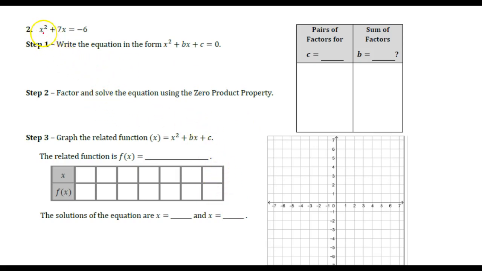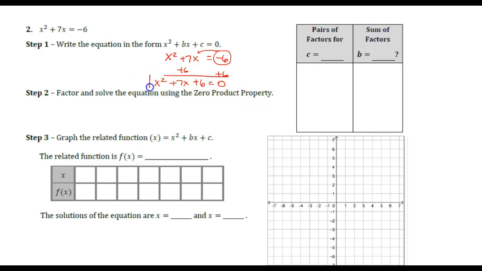Okay, so here you have x squared plus 7x equals -6. So again, I'm going to write this in, and I'm going to do my first step, which is to change it into standard form. So opposite of a -6 is a +6. And I'll be left with x squared plus 7x plus 6 equals 0.